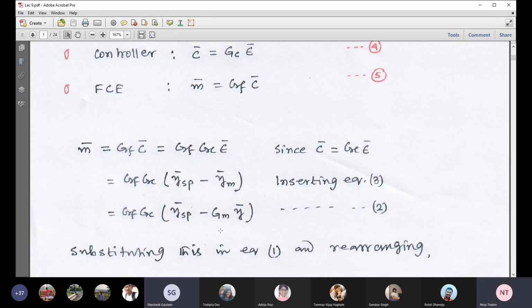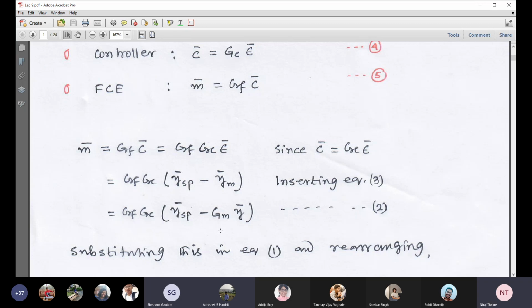What is in the denominator? Sir, I have not... No, the denominator will be there. Sir, is it GF GC GP YSP bar plus GD D bar upon 1 plus GM GC GF? One is missing just.